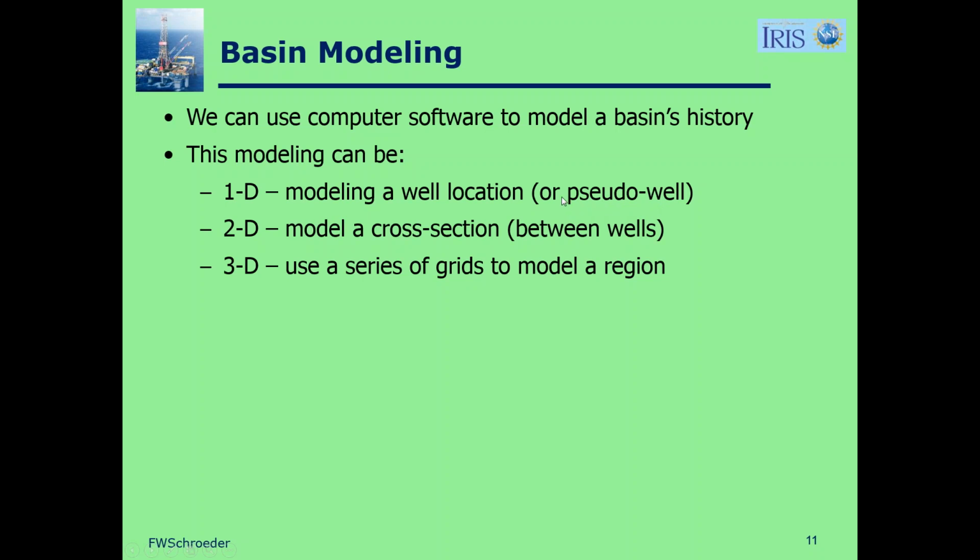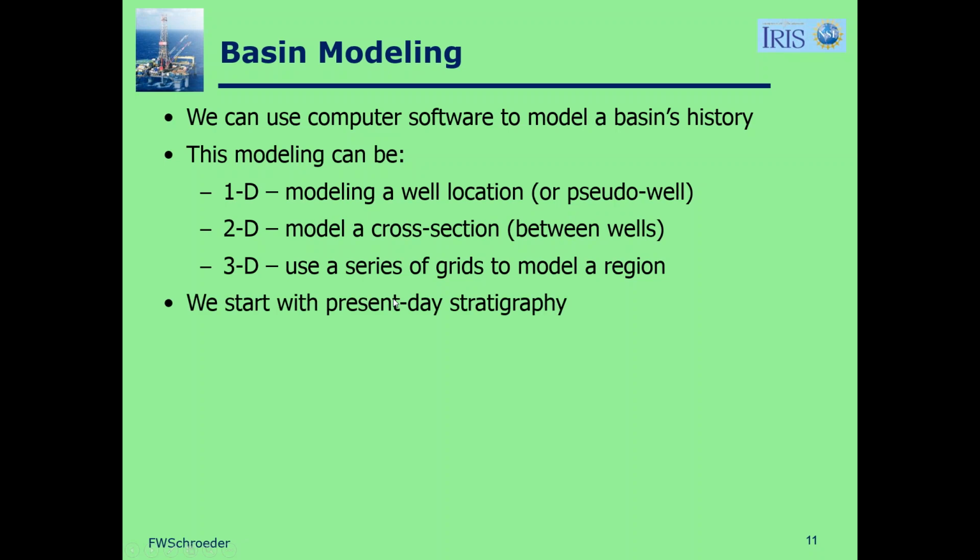Maybe we only have seismic data, but we have interpreted major horizons and have assigned them geological ages. We can model in 2 dimensions, so we can make a cross-section, maybe between several wells, or we can do 3D modeling where we'll have as input a series of grids and generate a 3-dimensional model through geologic time as to how the basin formed and filled.